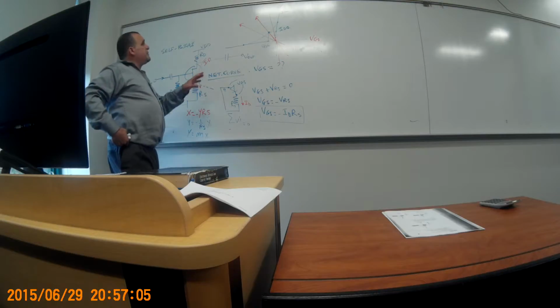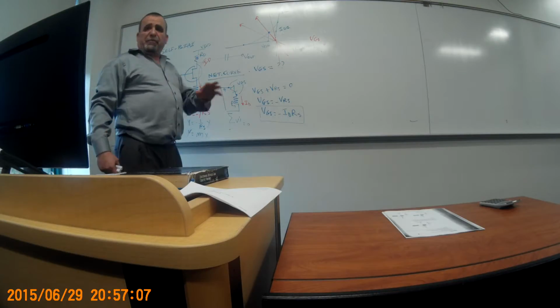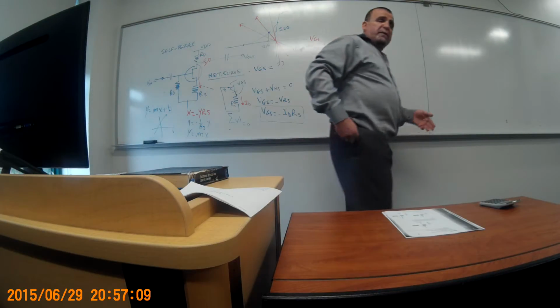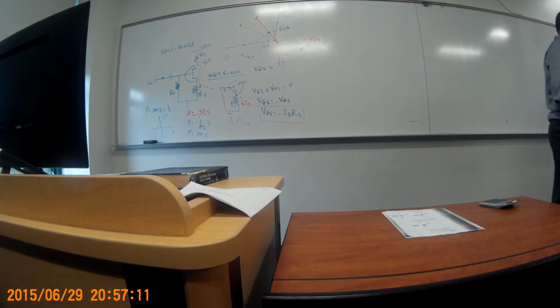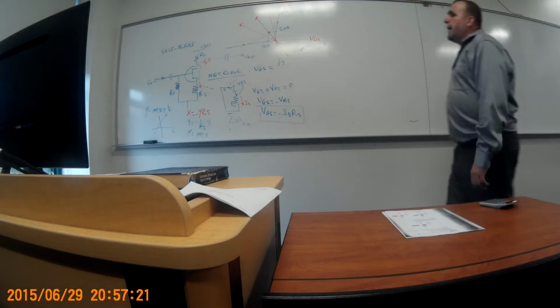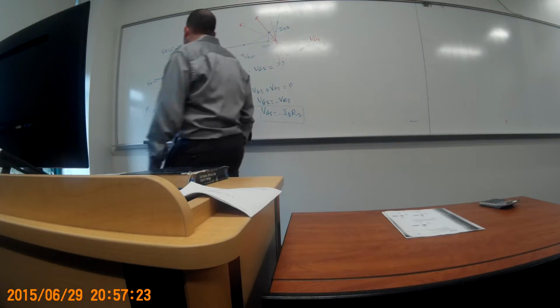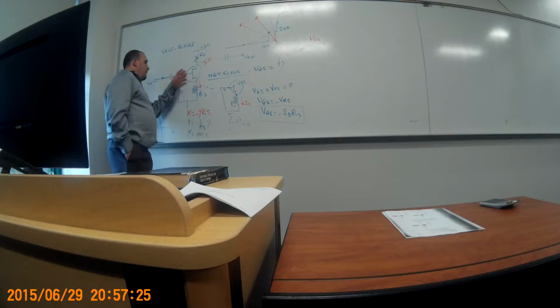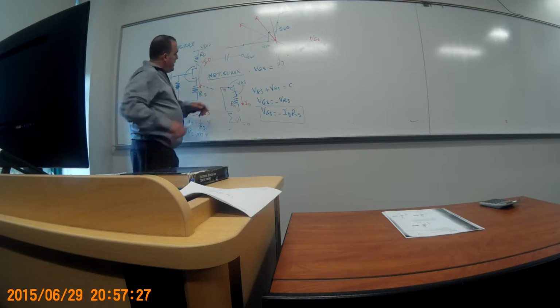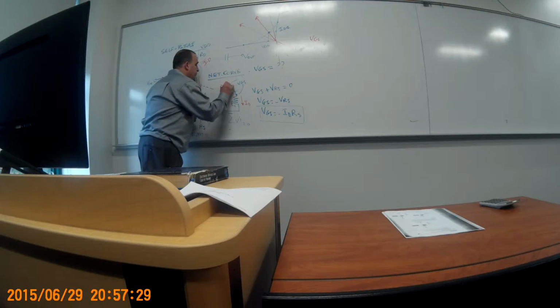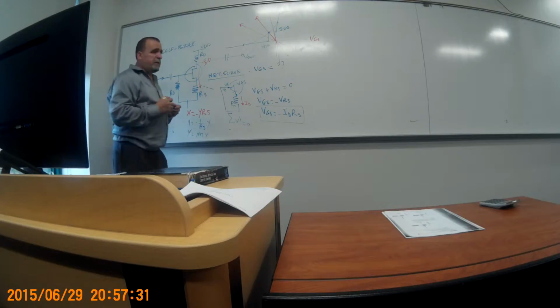Now, for the analysis, once you find this Q value, we have to go back again to our terminal voltages: VG, VD, VS, VDS. So you could see from the work, that's my VG.